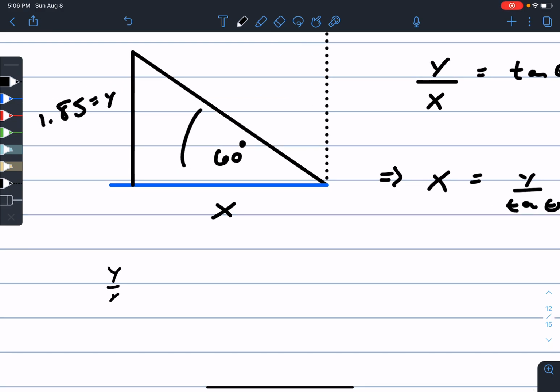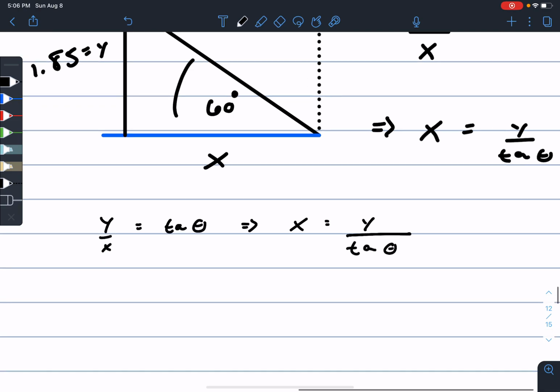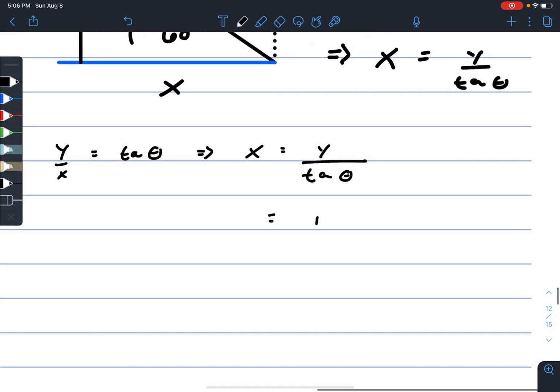So y over x is equal to tangent theta, which means that x, our distance d, I think I labeled it d on the diagram, is going to be equal to y over tangent theta. That means this is equal to 1.85 meters over tangent 60 degrees.